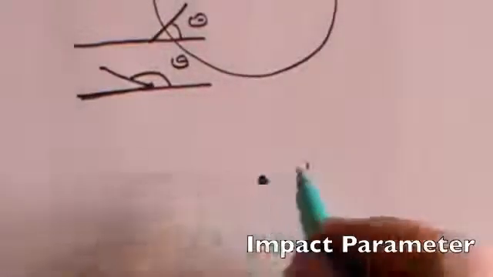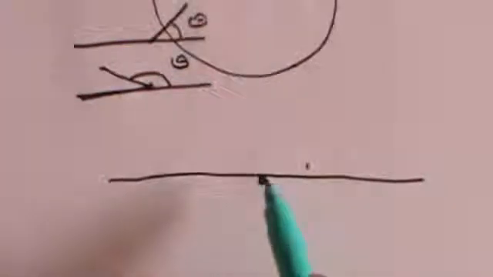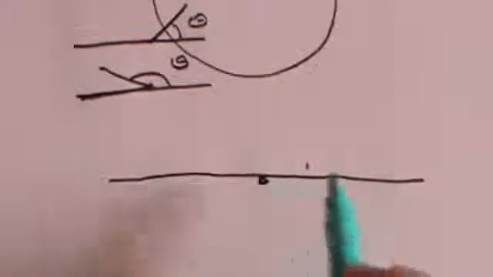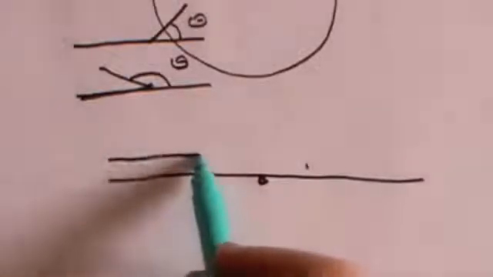And the way we define that is, if that's the nucleus and that's the line of closest approach, that's the alpha particle that would hit the nucleus, were it not for the fact that it gets stopped and repelled. Then if you've got an alpha particle that's coming in here and being diverted through some angle, the impact parameter is the perpendicular distance between the line of closest approach and the line which the alpha particle is actually taking.